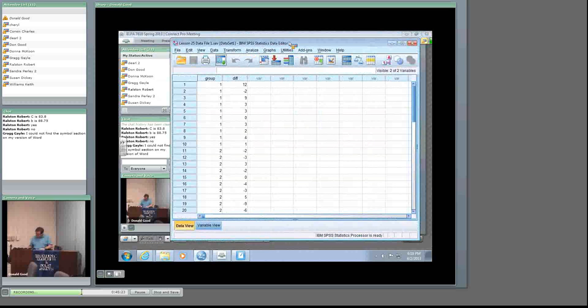Turn to lesson 25. It begins on page 183. And if you will call up the file lesson 25 data file 1. Lesson 25 data file 1. It will go with the scenario that begins on page 183.